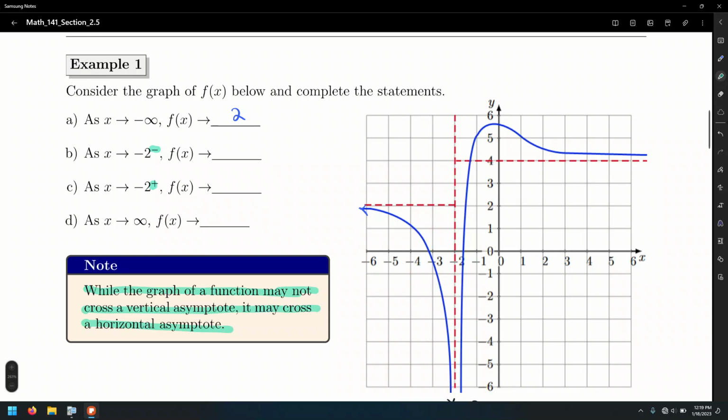So let's approach negative 2 from the left. What's the y value apparently being hit in this case? Where is it going? Negative infinity, all right, negative infinity. What about from the right?